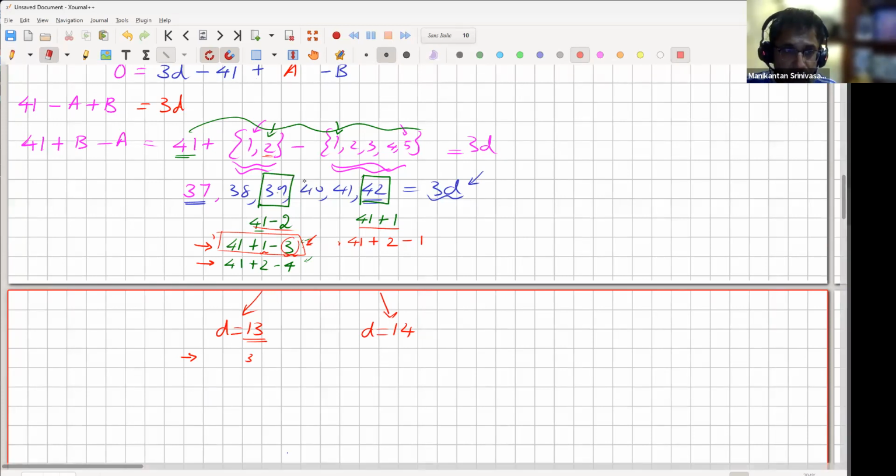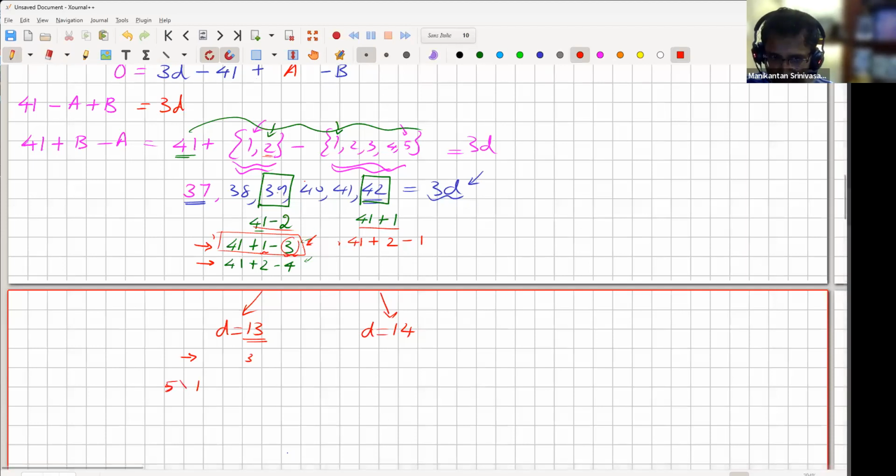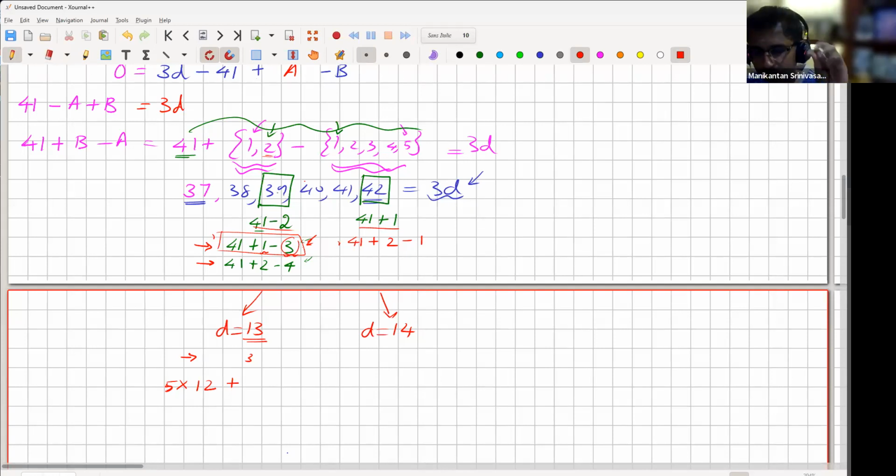Sorry, D is 13. So it took 12 full jumps, each time jumping 5, 5, 5, and in the last jump, it's only traveling 3. Right? That's 63. You guys with me?